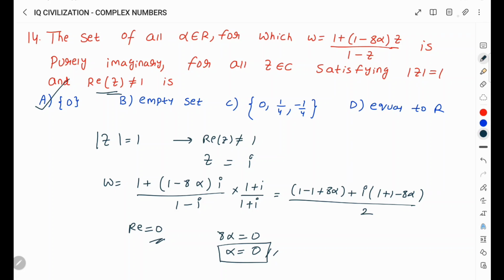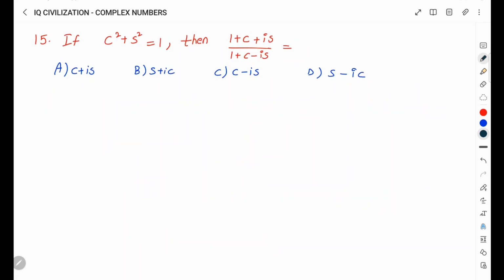Next one. See, this is a very cute little sum. C square plus S square equals 1. Then we need to find the value of this. So let C plus iS, real part plus imaginary part, be equal to i. Since C square plus S square is 1 given, we took it like this.